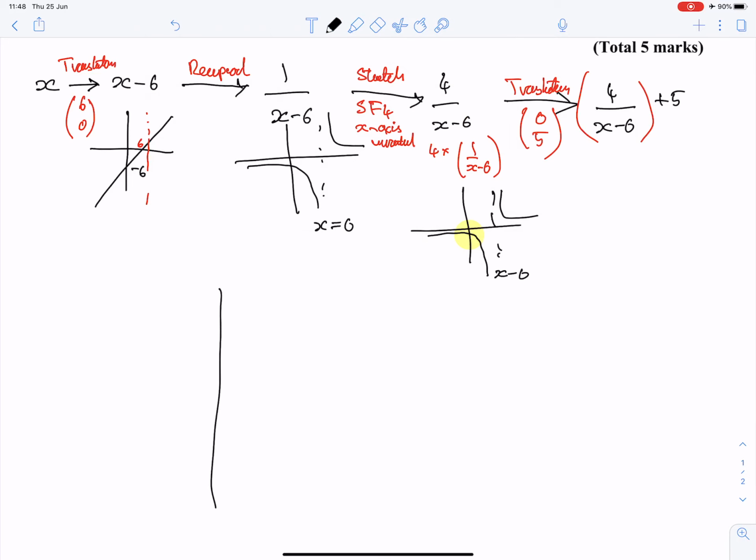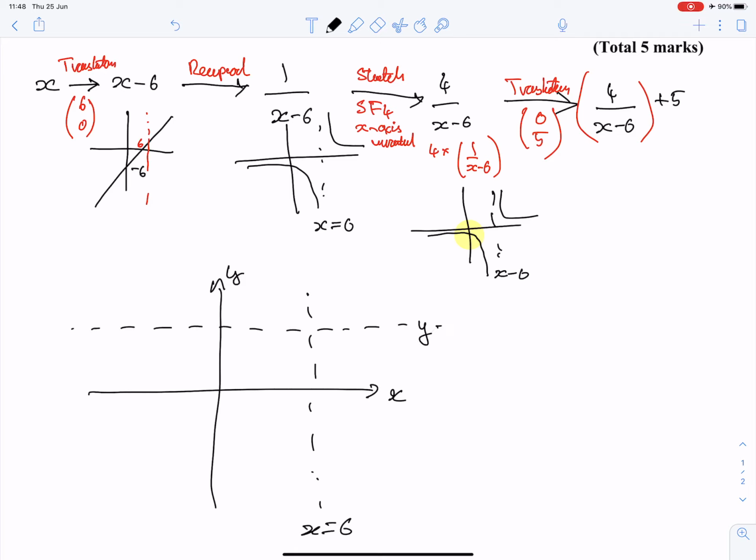We've got an x-axis and a y-axis, so there's x, there's y. We've got an asymptote at x equals 6. And we've got another asymptote at y equals 5, because the x-axis was moved up by 5.